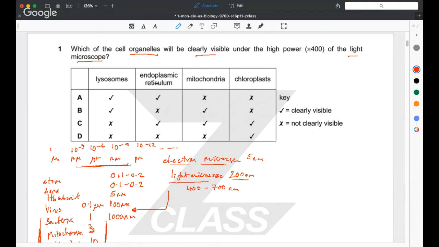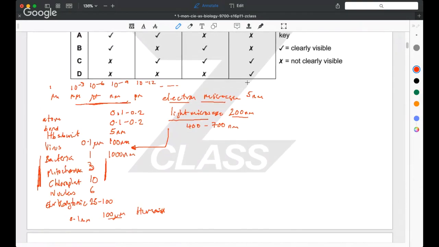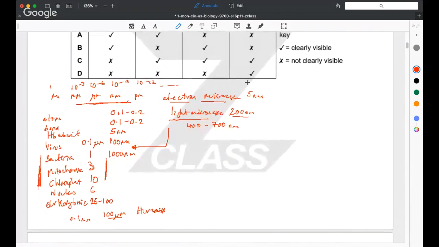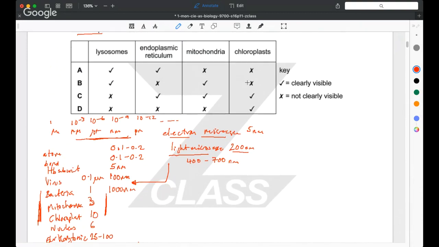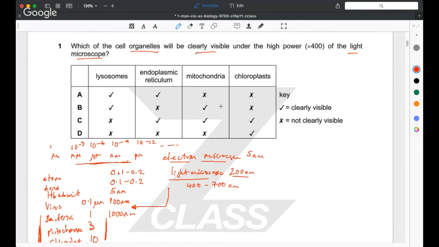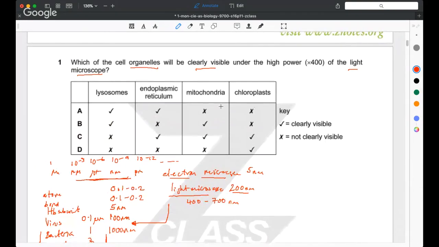The mitochondria and the chloroplasts, well, you can see there that they're just about within the range of the light microscope. The chloroplasts are larger than the mitochondria. So if any of these are going to be clearly visible under the light microscope, then we'd have to opt for chloroplasts rather than mitochondria.